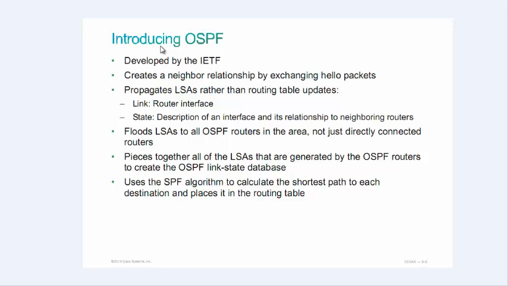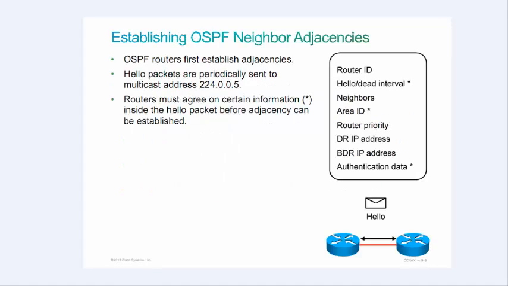On top of this LSDB, when you run the SPF or Dijkstra algorithm, the least cost path will be selected as the best path, and those paths will be entered into a table. That table is called the routing table. So I hope the basics are clear now.